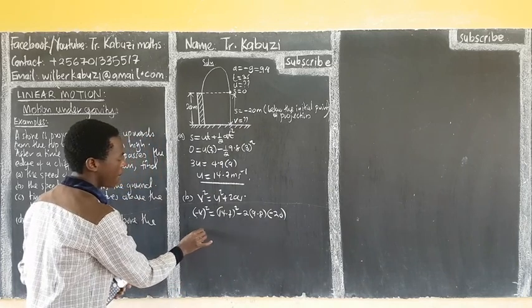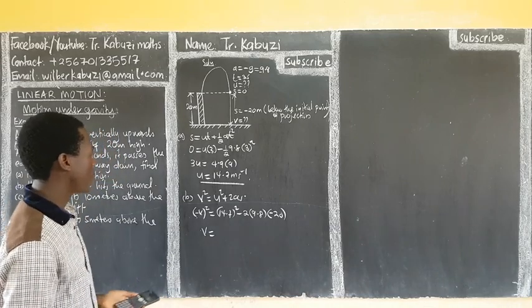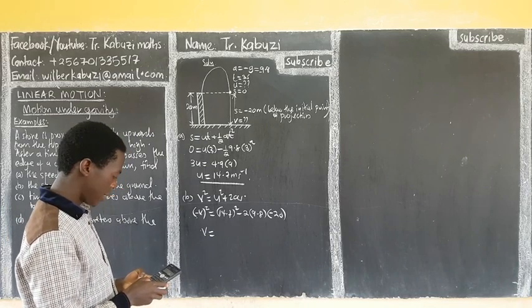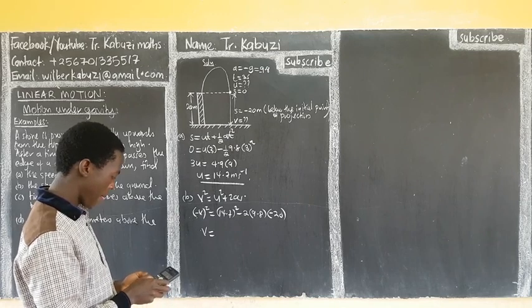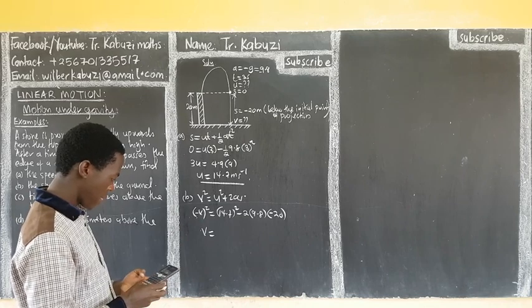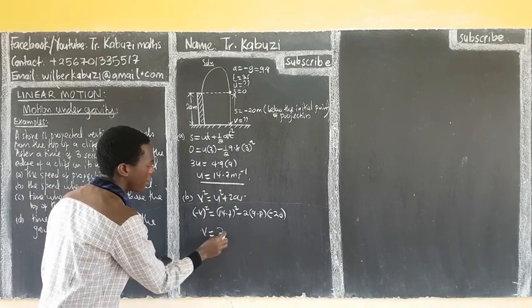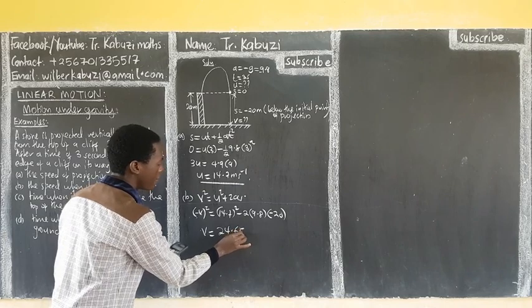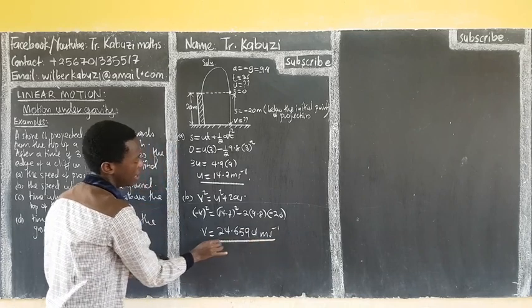From here you get the answer at once. The answer here is 24.659 meters per second.